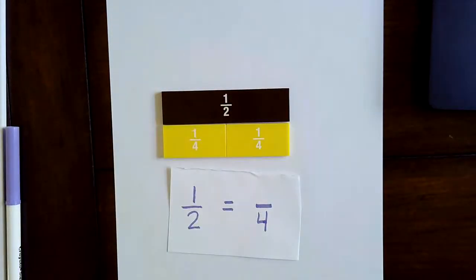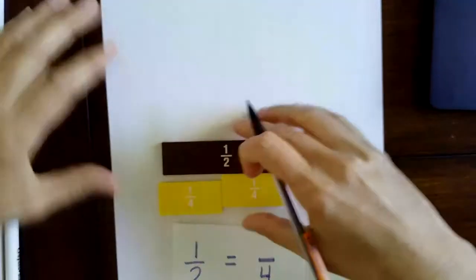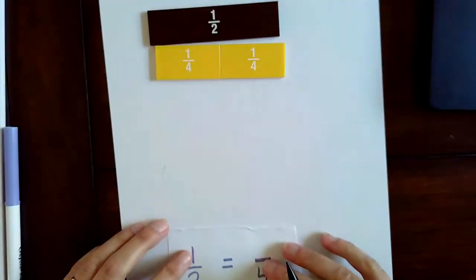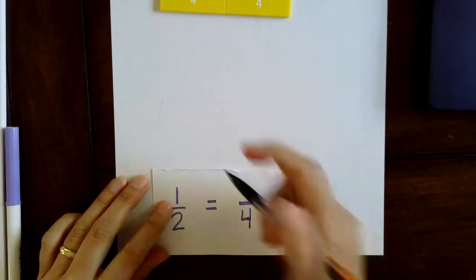Now, what I want you to do with your pencil or pen or whatever you have to write with, I want you to draw, make a proof drawing. I'm going to move this up, and I want you to do it right above or below where you have written your fraction, or beside.